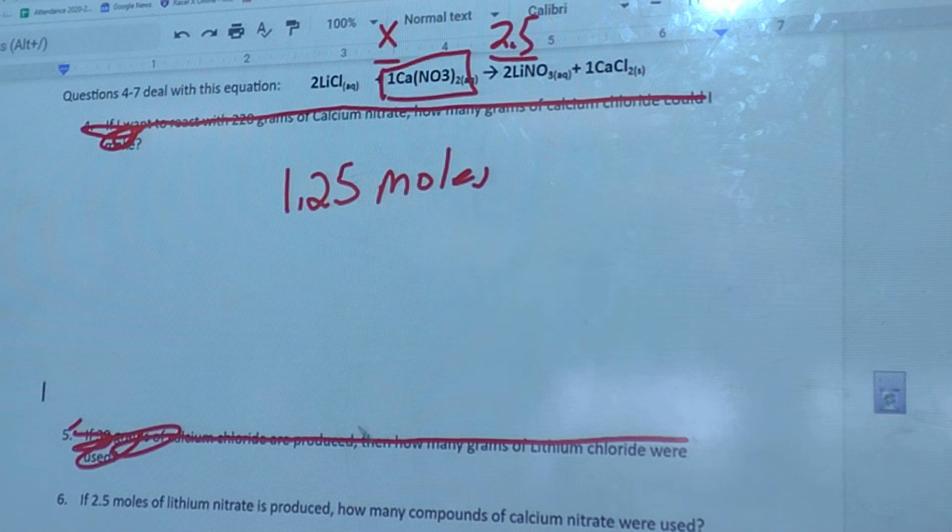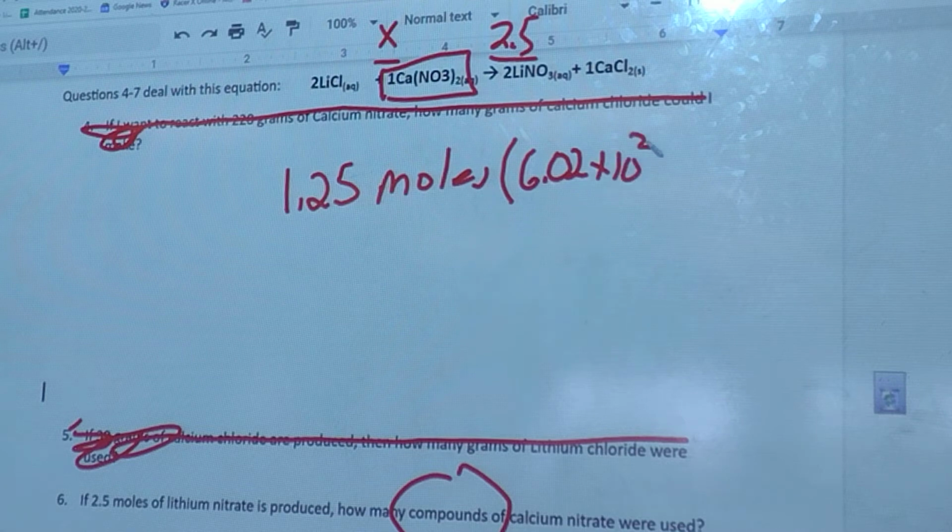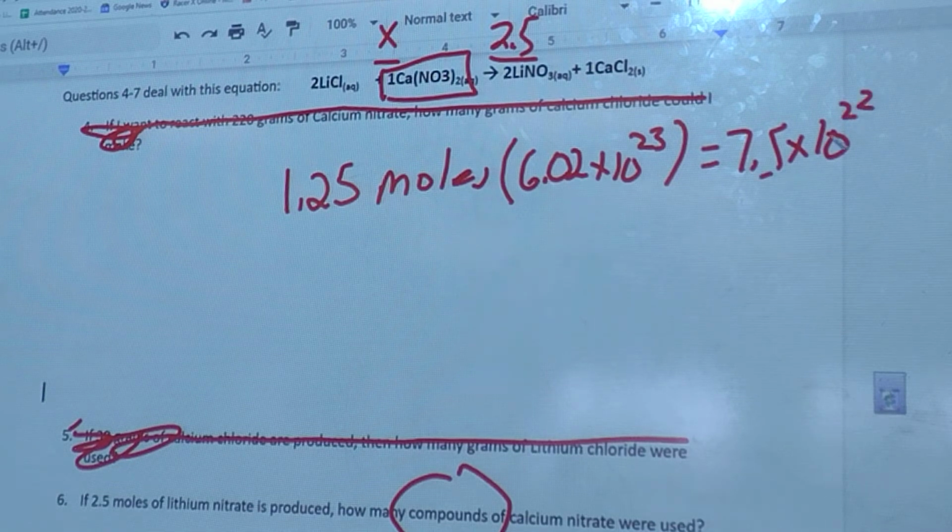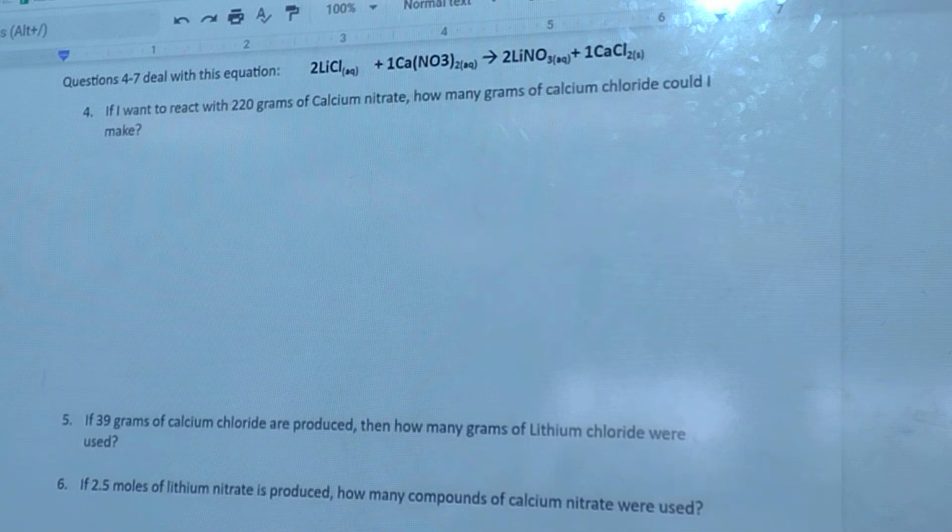And then it says, how many compounds? Compounds are like molecules, like atoms. So 1.25 times 6.02 times 10 to the 23rd. No problem. 7.5 times 10 to the 23rd. All right, great. We're getting through it.